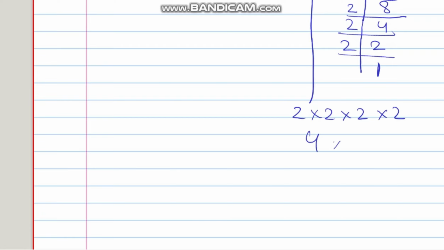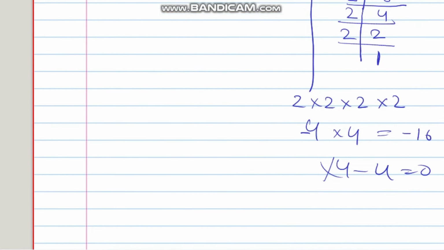Like 4 multiplied by 4 gives us 16, yes, exactly, but it does not give us 5. If we add 4 and minus 4, it will give us 0. So none of any pair in this factorization can give us the minus 5, which we want.